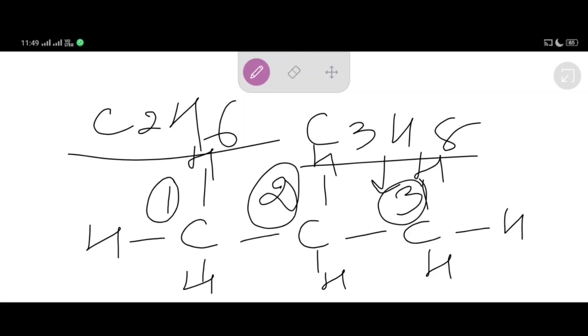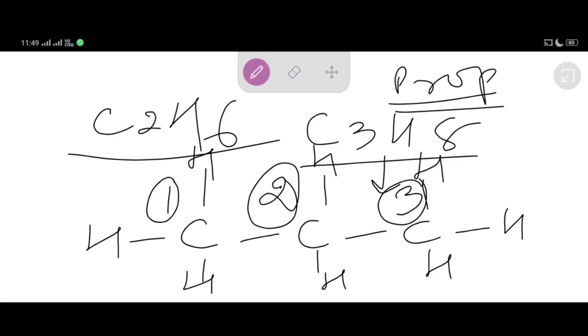This means that this hydrocarbon contains 3 carbon atoms, which are indicated by writing the word "prop". I told you that when there is a presence of 3 carbon atoms, you are supposed to write "prop". Prop is used for 3 carbon atoms.